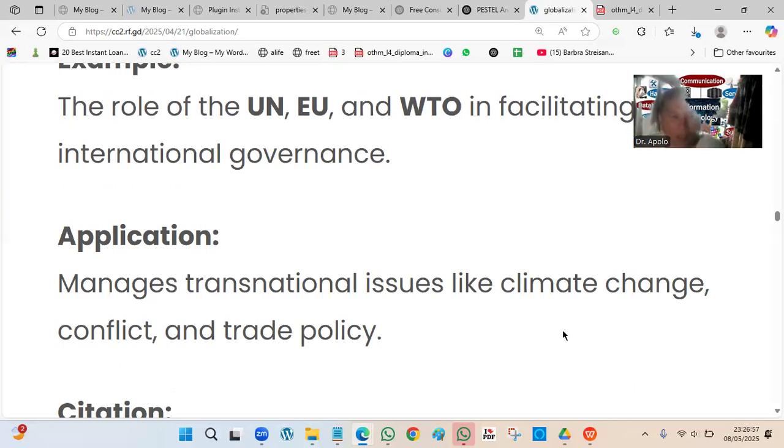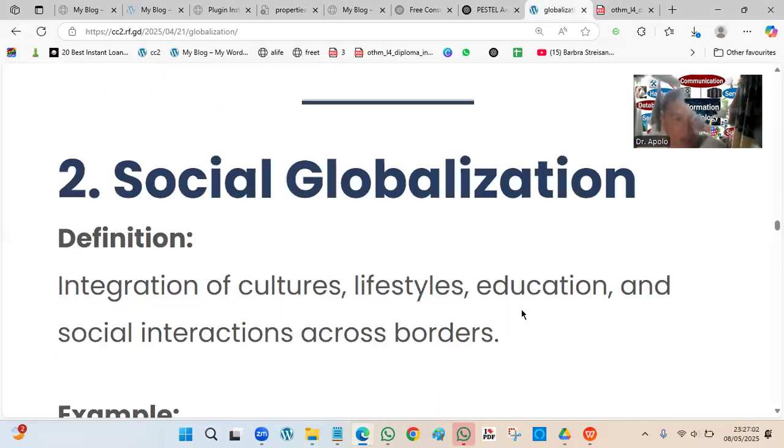Social globalization: integration of cultures, lifestyle, education, and social interaction across borders. People, because of the integration of their culture, lifestyle, and education.